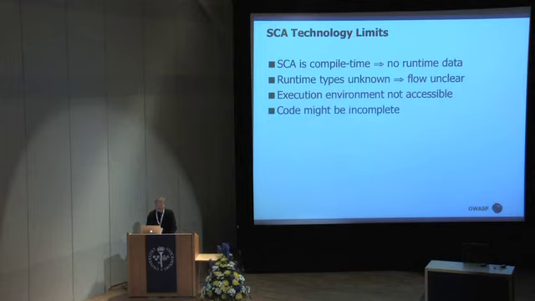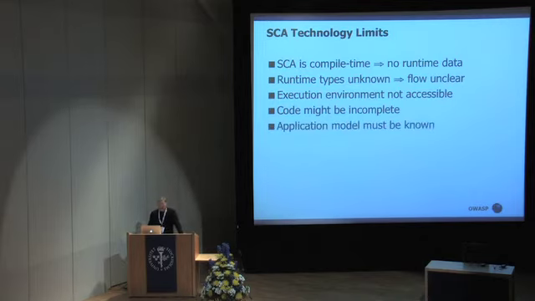And obviously, the code might be incomplete. So what happens if an interface is used, but you don't find any implementation of that interface because it's mocked up, or it's going to be provided later on by some injection or some other ways of gluing the application together with the execution environment.